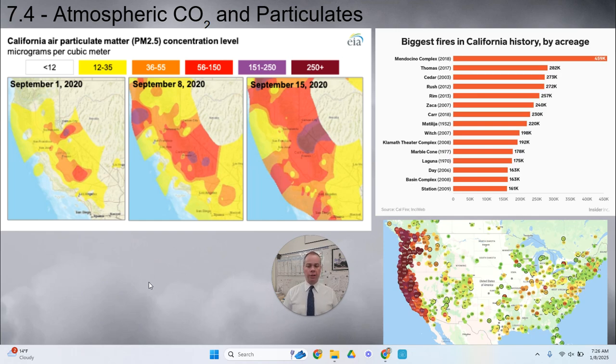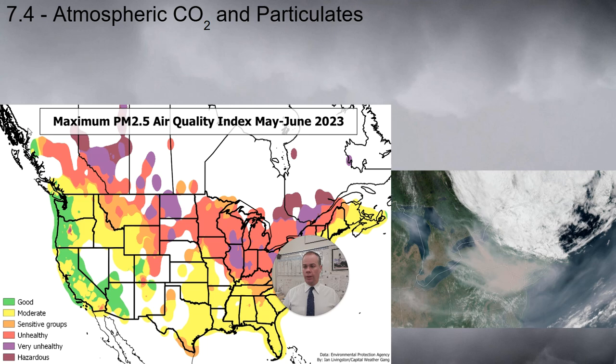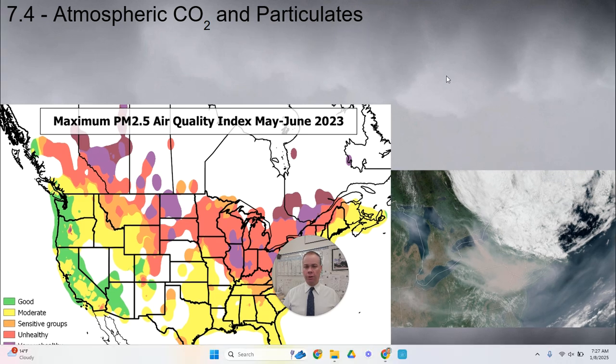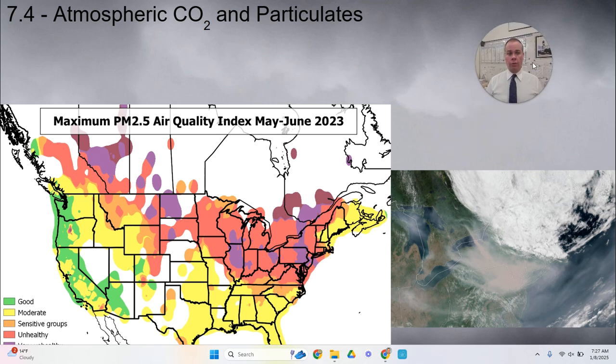They're not confined to California. They happen many other places. They happen in Canada. They can happen really anywhere, but these are some of the examples that are most prominent. We know from a couple years ago that forest fires in Canada impacted the air quality here in our area. We can see this is May and June of 2023.